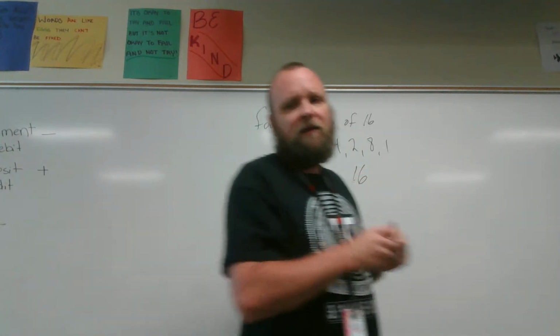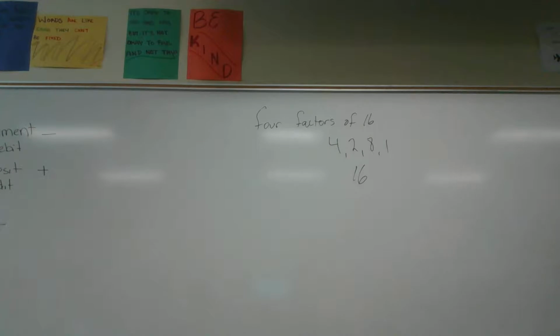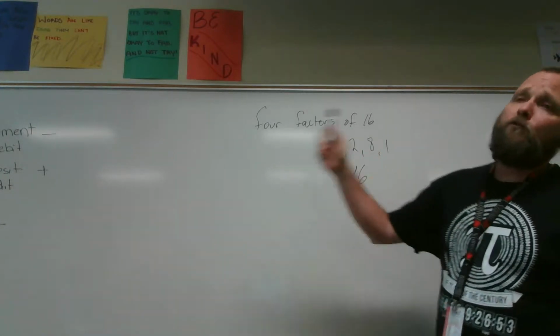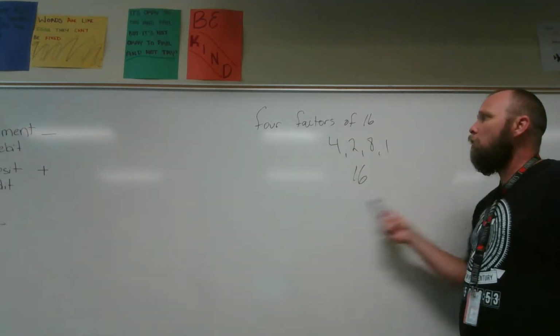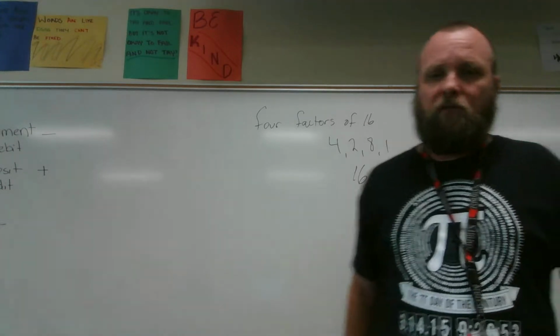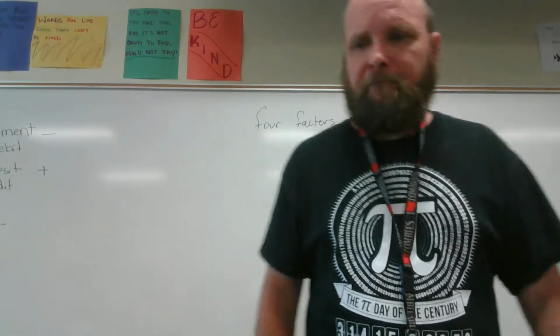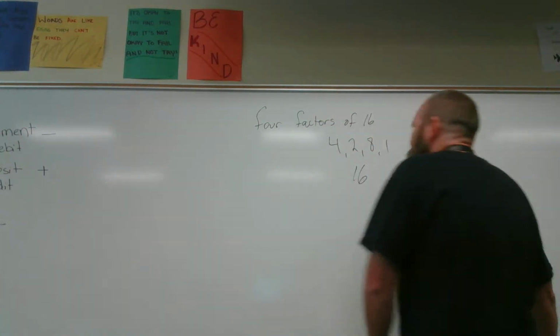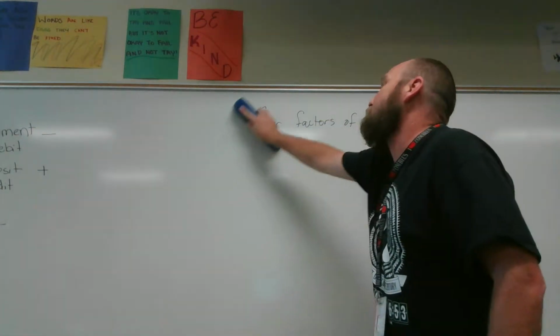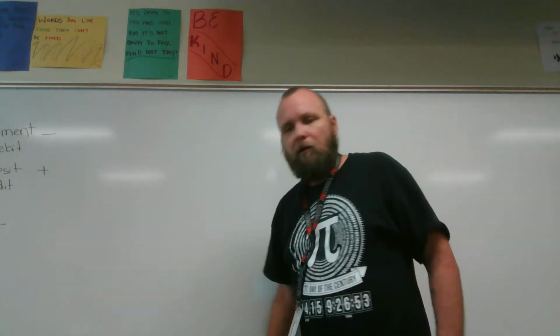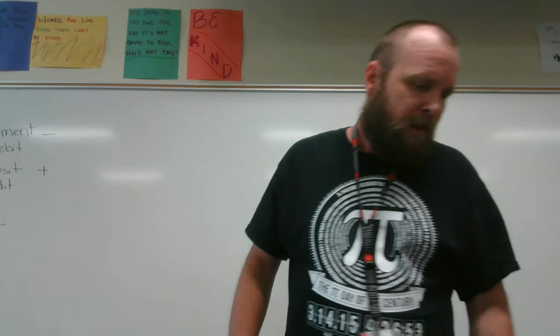Exactly. Did you have to? No. You had to have 4 of these because that is what the question asked: to name 4 factors of 16. You need to know factors. You need to know multiples.